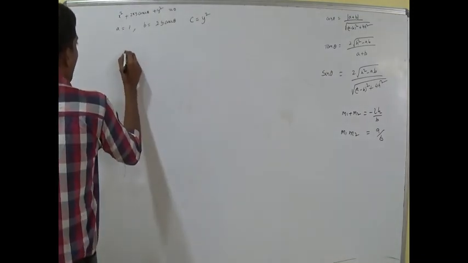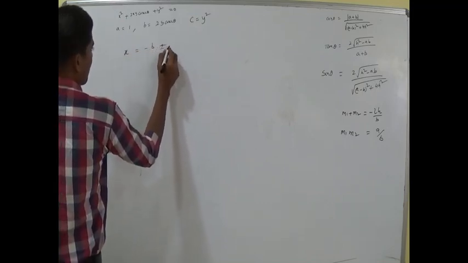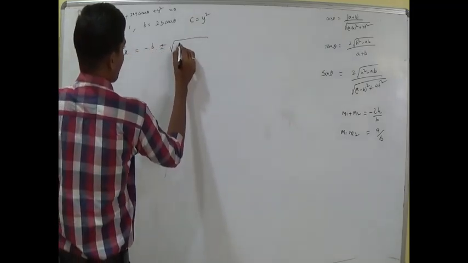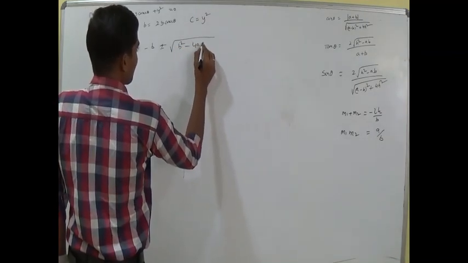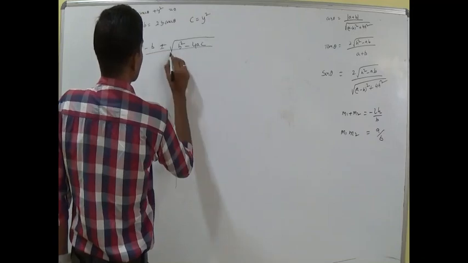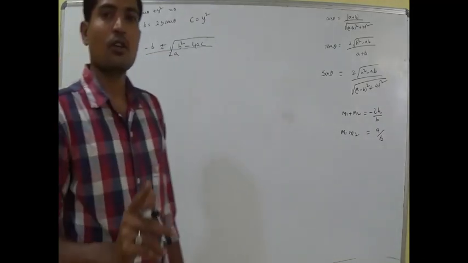We have x is equal to minus b plus or minus square root of b square minus 4ac, by 2a.